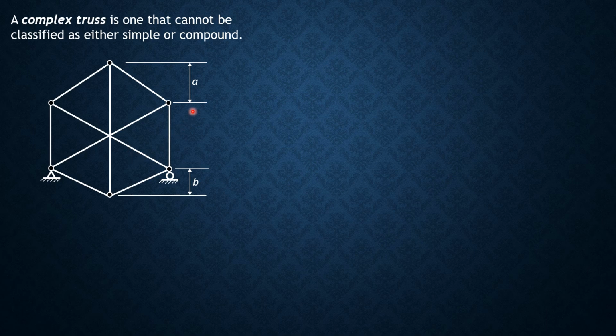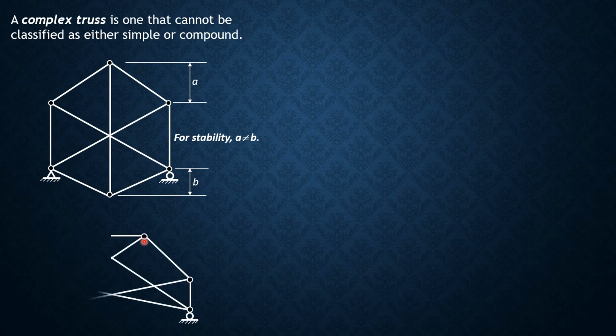For this truss to be stable, A should not be equal to B. Because when A is equal to B, this becomes unstable, and that is only manifested by computing the stresses, which will give inconsistent results.